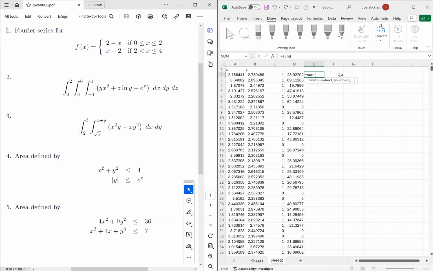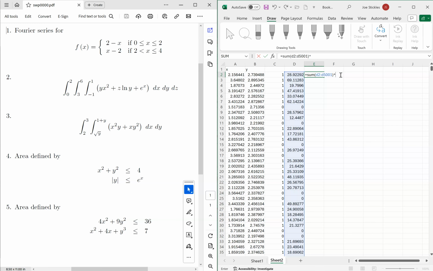Let's now add all of these up. So I'll sum this from D2 to D5001. And then I still need to multiply this by our dx dy approximation. Now, the way we've treated this, we've chosen points in the rectangle that goes from square root of 2 to 4 for the x's and 2 to 3 for the y's.